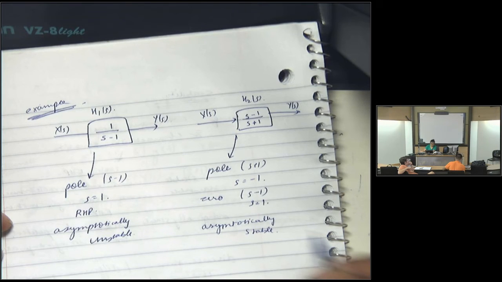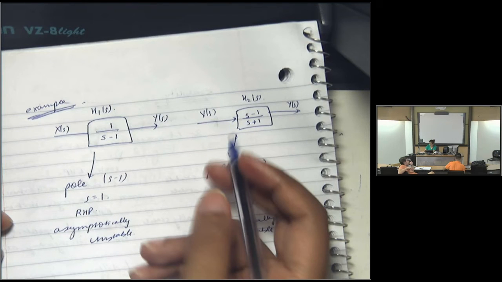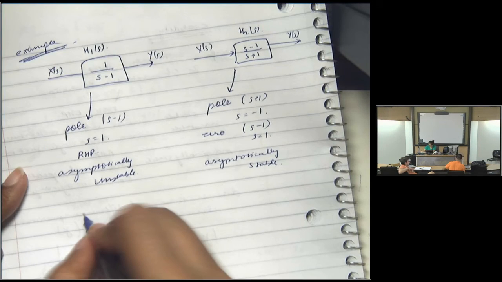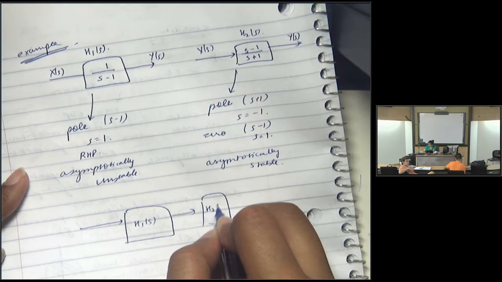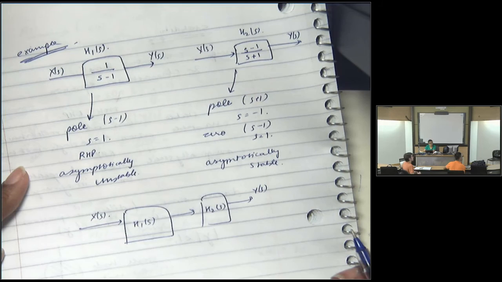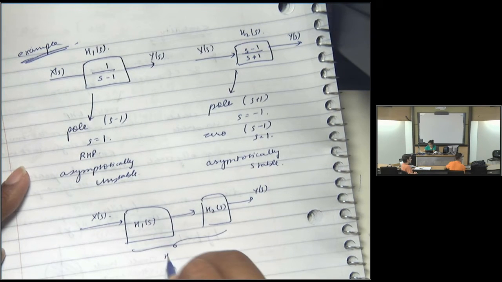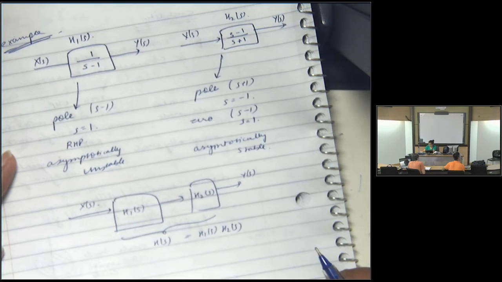But when I have these systems in cascade, so let's say I have a third system now, which is my H1(s) followed by H2(s). This is what I mean by cascade. They're in serial connection. This combined system has a transfer function H(s), which is H1(s) times H2(s), a multiplication.